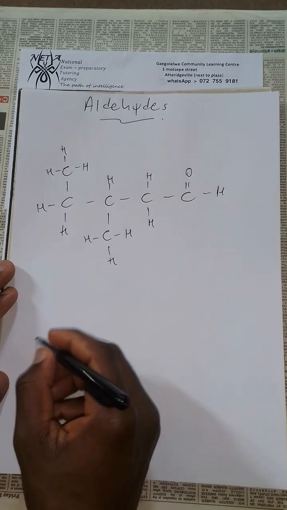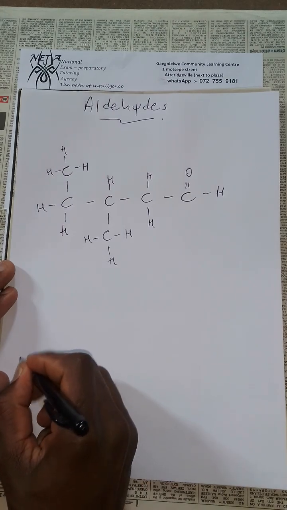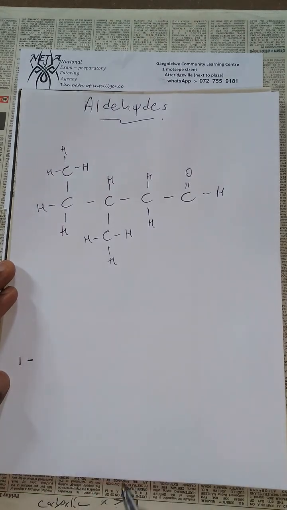Remember that the number of carbons must be shown in the IUPAC name. The manner in which you are naming your structure is the manner that follows the amount of carbons that you have in the structural formula.